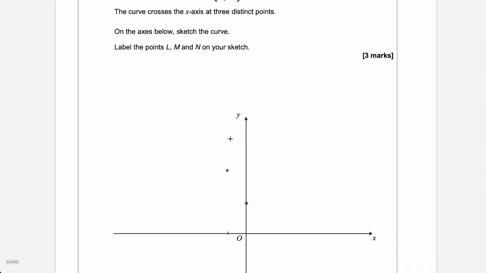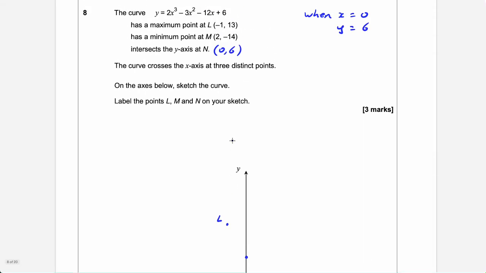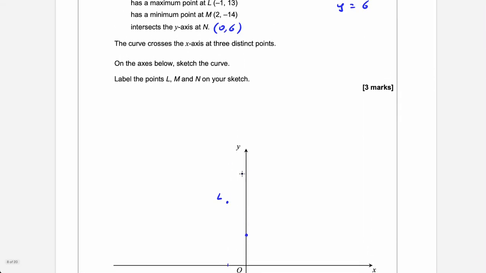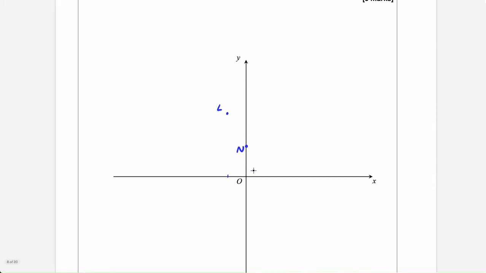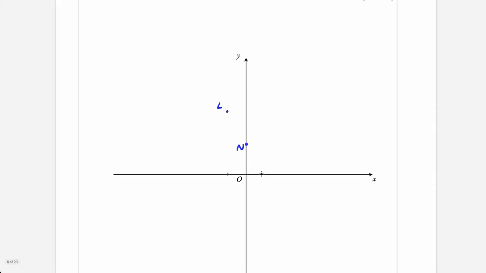By the way, this is L, and this is N, our y-intercept. And then 2, minus 14, let's say that's 1, that's 2, minus 14 needs to be somewhere a bit lower than L, so something like that.